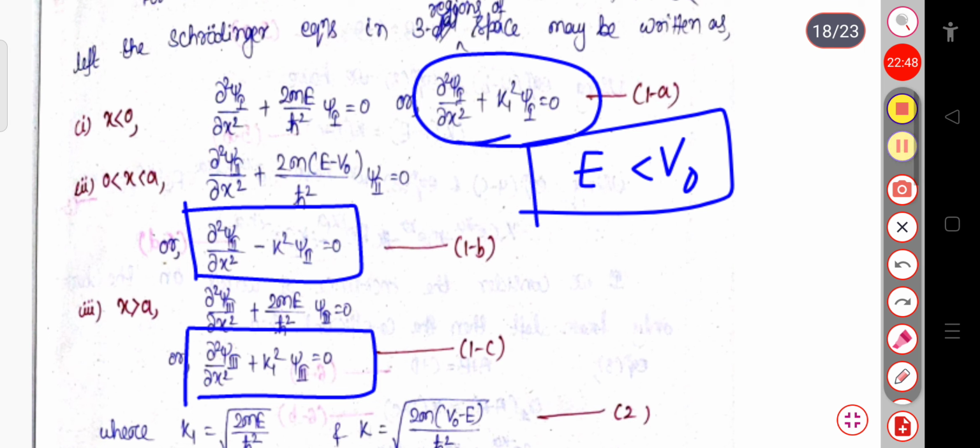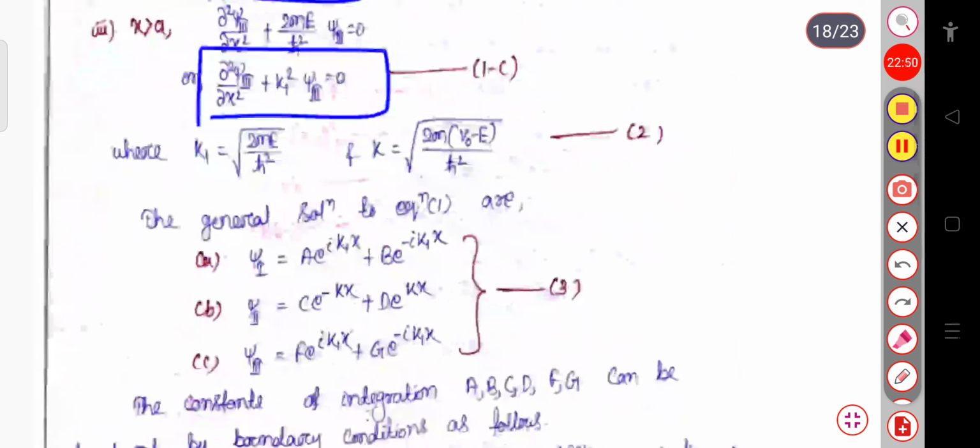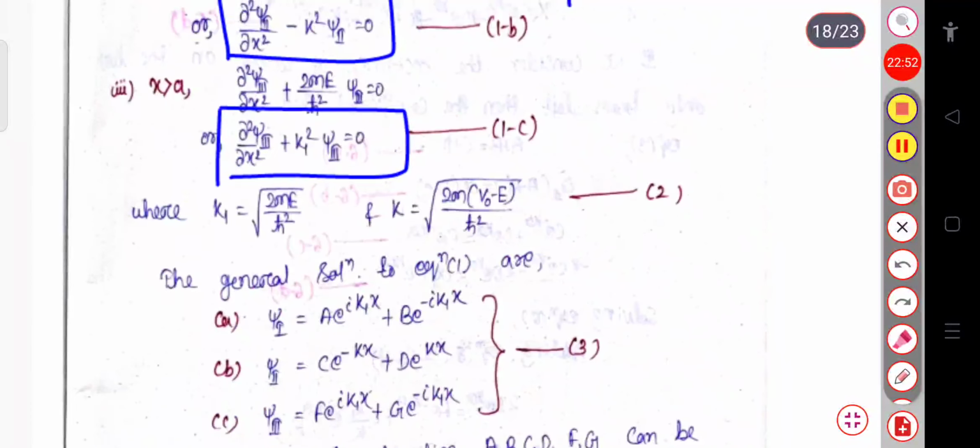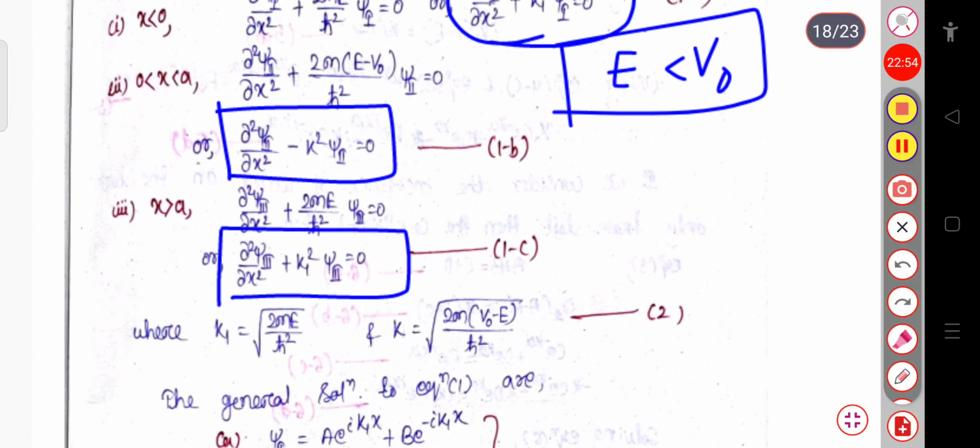Again the same thing, you have to take k1 equal to this much, and k is the term where we have changed the sign. So k equals square root of 2m into (V naught minus E) divided by h cut square.